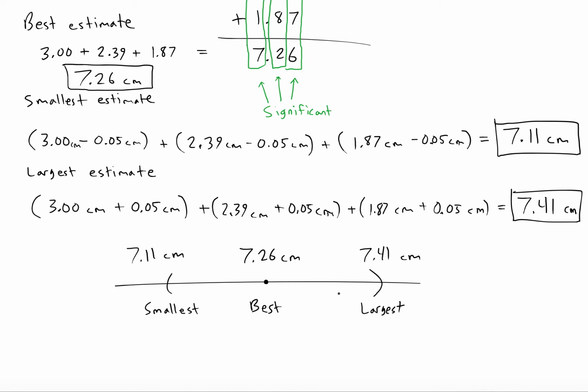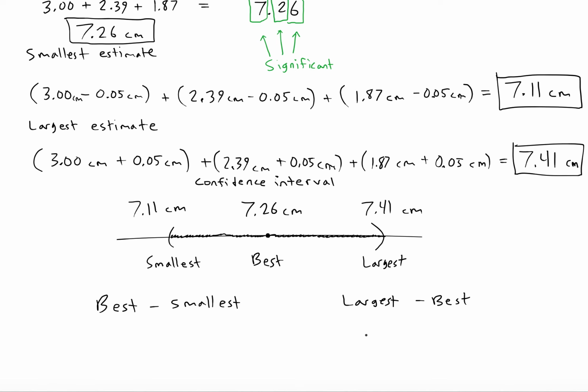Now, in order to get a good estimate of the uncertainty in the final result, we could just subtract, because we want to know how wide this confidence interval is. It's called a confidence interval for our calculation. So if we just do best minus smallest, we can get that result. Or we could do largest minus the best.